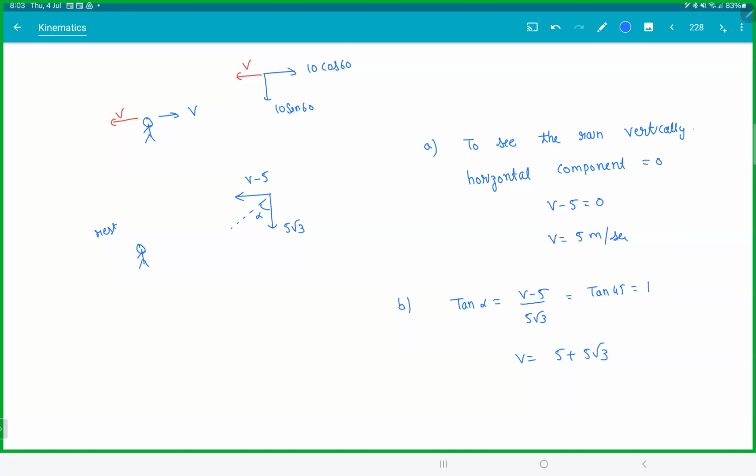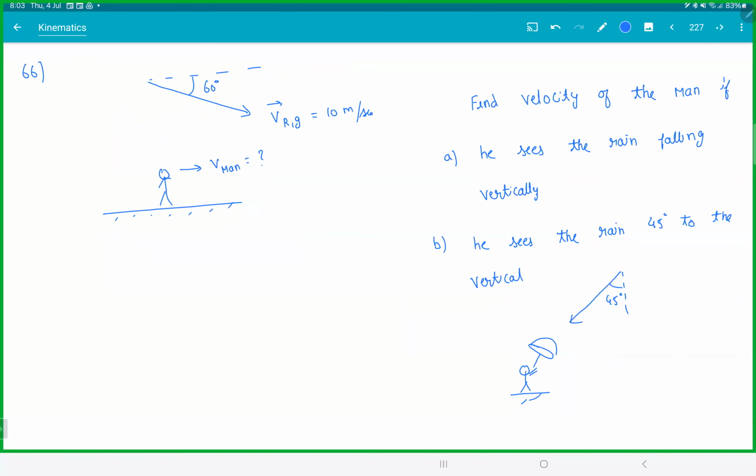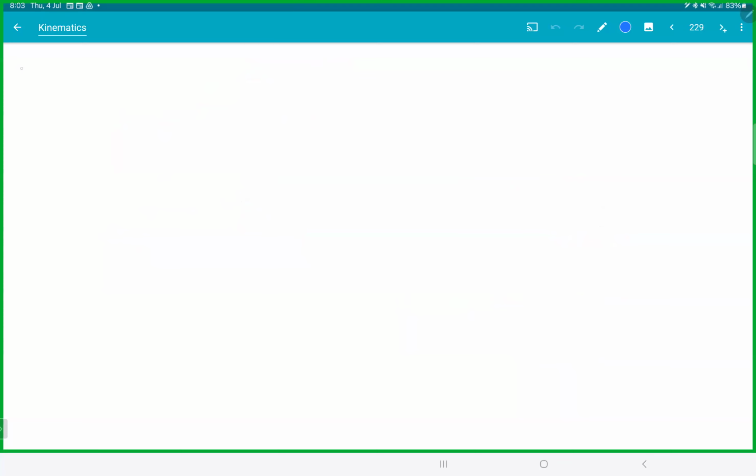Let's see one more. This is 45 degrees. Now the man is going like this with 10 root 2 meters per second.